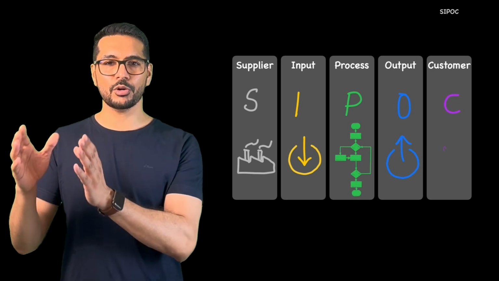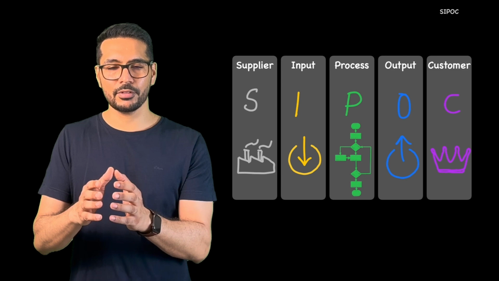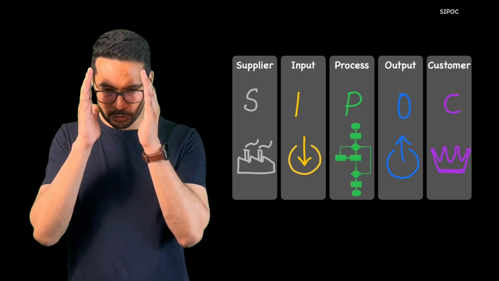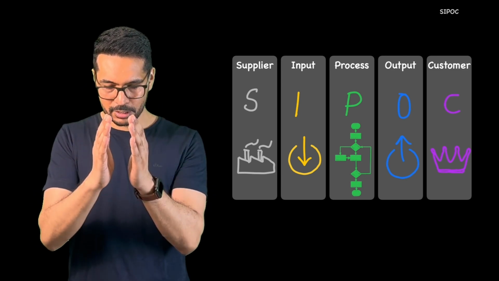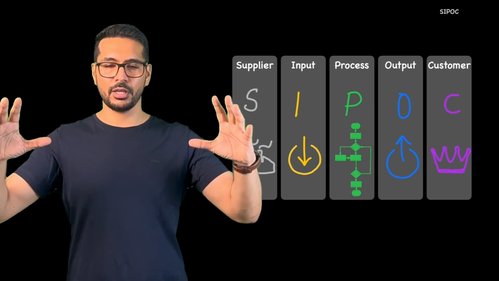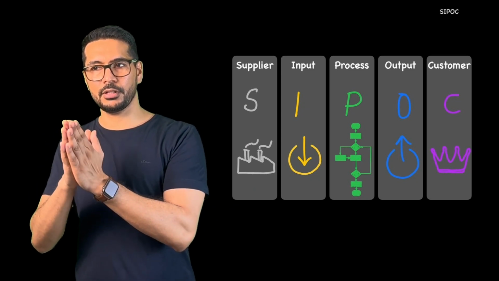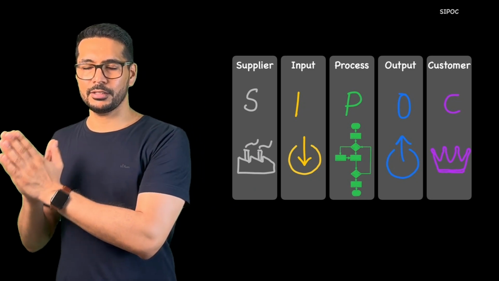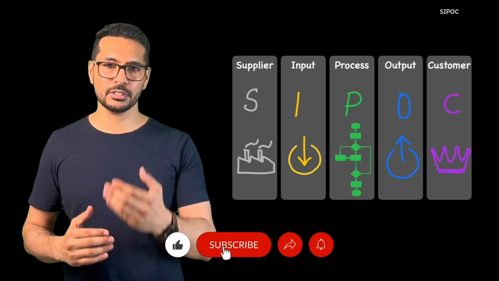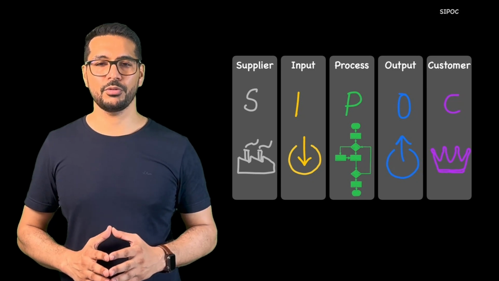And these outputs are being generated for these customers. So we don't have a very narrow view of our own activities in a process, but all team members will see the big picture. Okay, supplier, this is my input, this is the whole process, this is my output, and these are my customers. So this is the very first step to start here with the flow in office area.